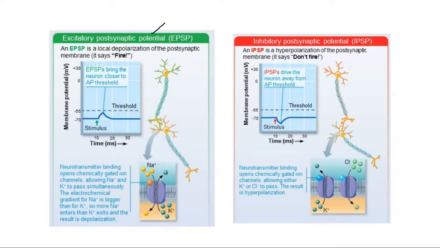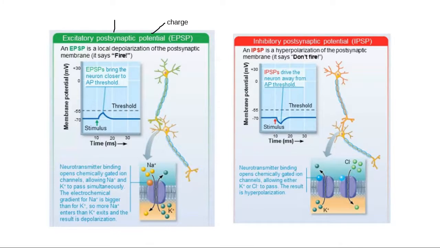What could I say instead of potential? Yeah, the easy word for potential is charge. When I use this word postsynaptic, does postsynaptic mean I'm before or after the synapse? Yeah, post means after.